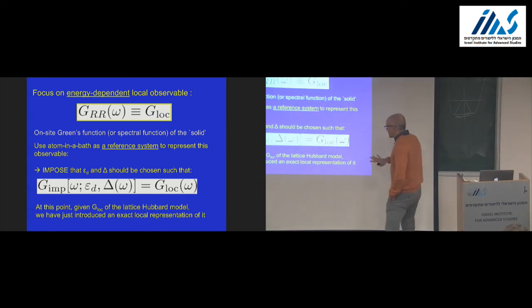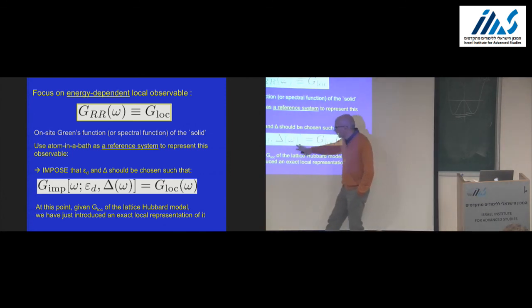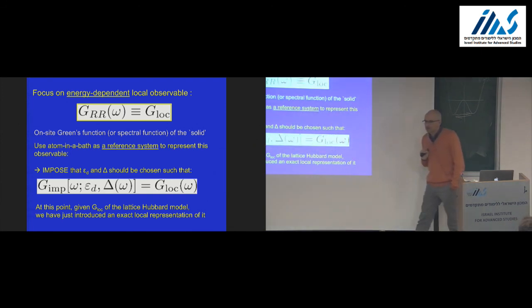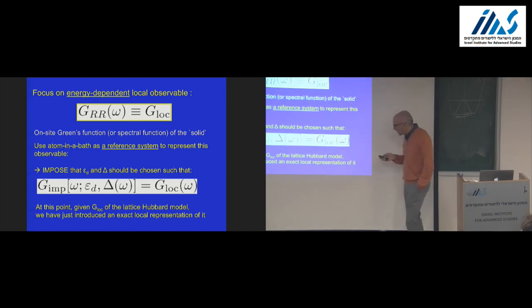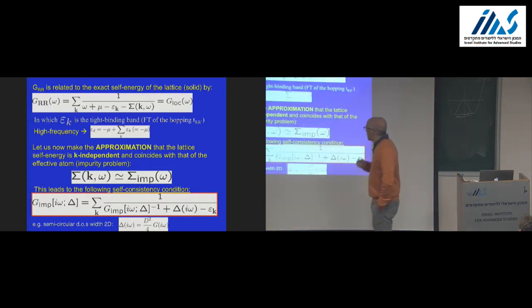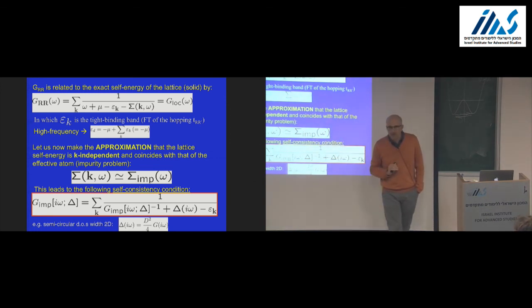At this point, this is just a statement about representability. I have this thing, and I want to represent it as the solution of some Anderson impurity model. I have to choose delta in an appropriate way. Now we have this Anderson impurity problem with a delta. We can do all the many-body theory I described before, and in particular, this Anderson impurity model will have a self-energy sigma of omega that I've introduced before.